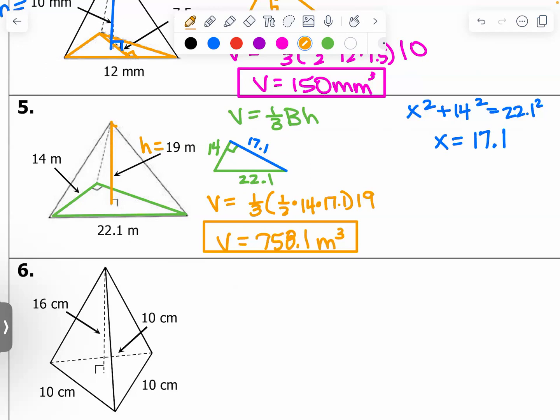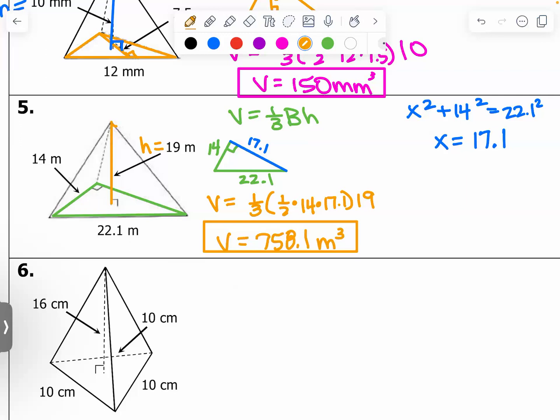You can do the thing we did on question 11. Is it the whole thing or just half of it? 10 is each side of that triangle.